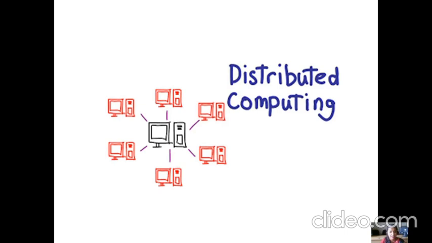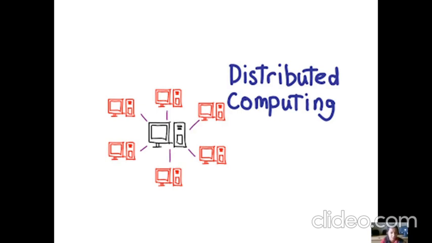The advantages of distributed systems: all the nodes are connected to the central computer. Nodes, meaning all these computers, can be easily added to the distributed system, and they can also be easily deleted from it.